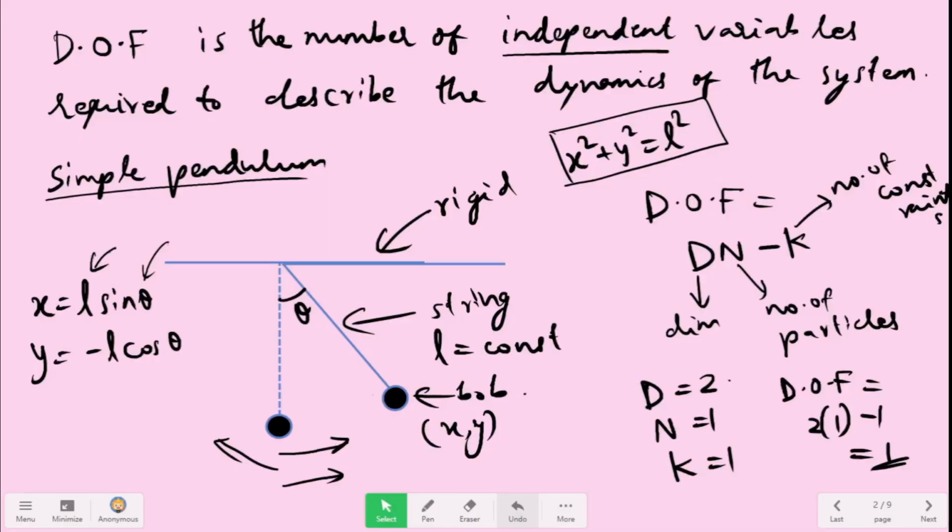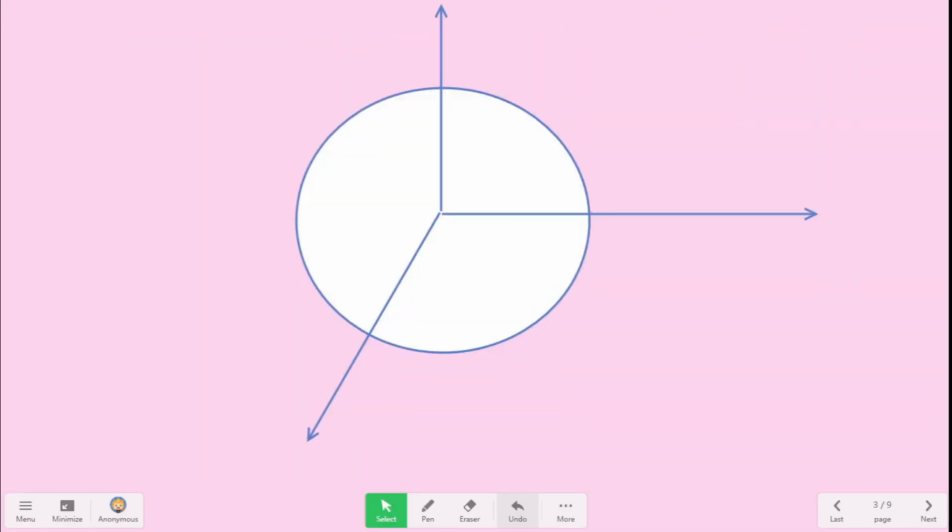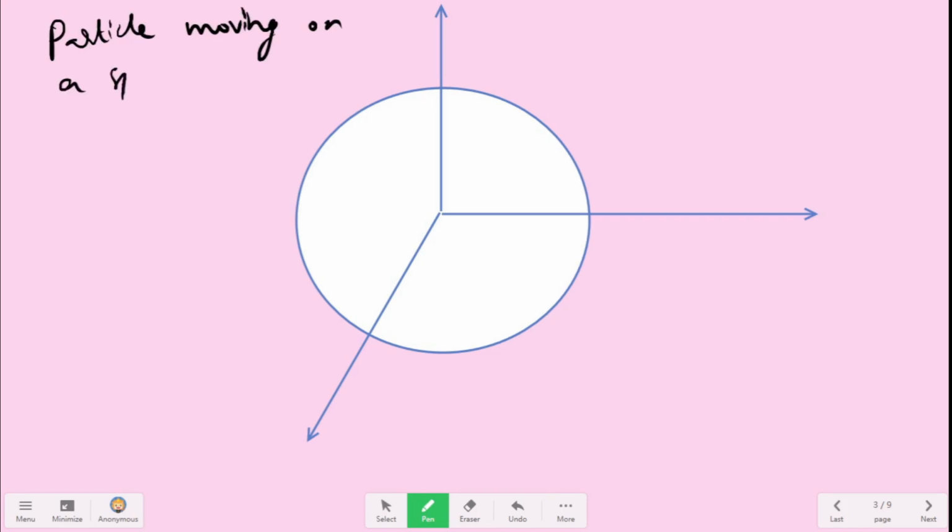Now let's move on to the second example, where we have a particle moving on a sphere. So this is the particle.